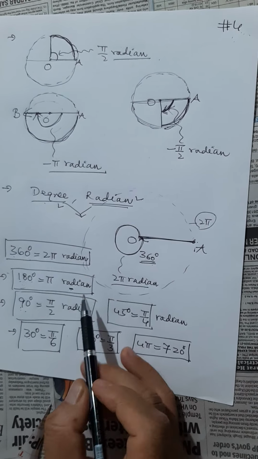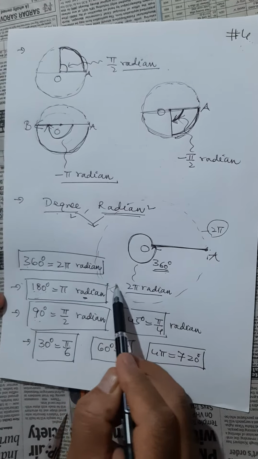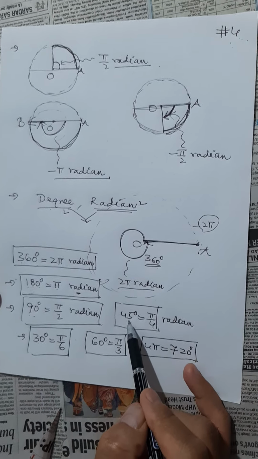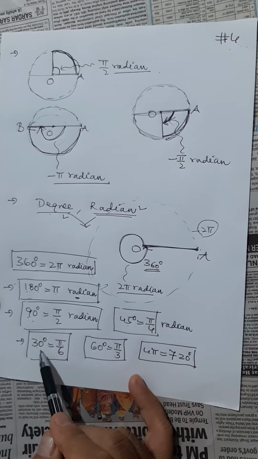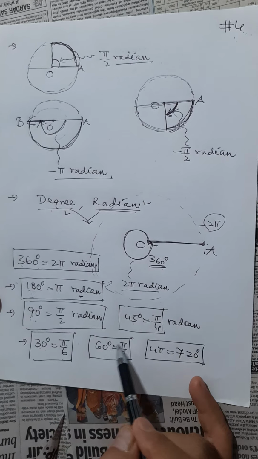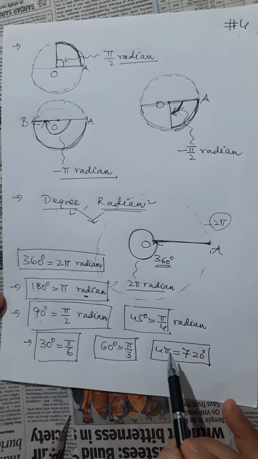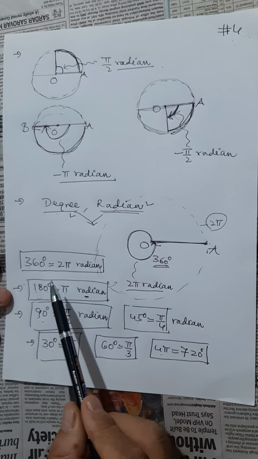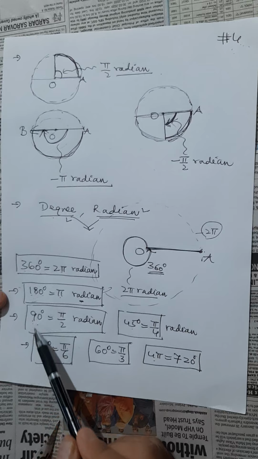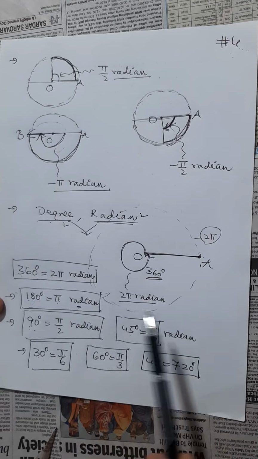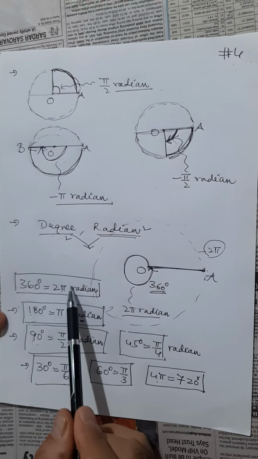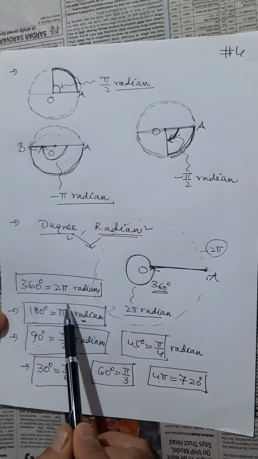So these are the standard conversions, remember. This is a relation: 180 degree equals pi, 90 is pi by 2, 45 degrees is pi by 4, 30 degrees is pi by 6, 60 degrees is pi by 3, 4 pi is 720. In 9th and 10th standard you were emphasizing degree measurement of an angle. Now onwards we mainly use radian measurement of an angle, so we emphasize pi, remember.